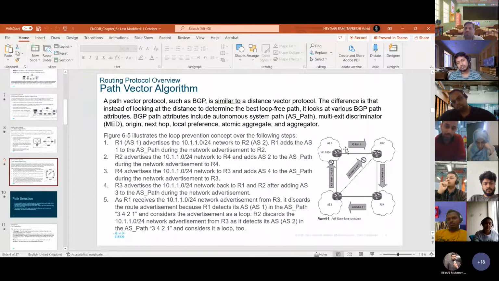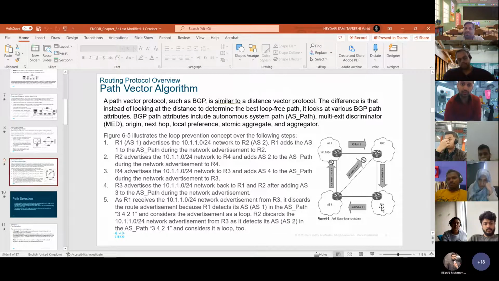Because we have traversed both ASs, we have also added both into this BGP update message. Next, the BGP update gets to AS4, R4. Now it needs to be sent to the neighboring BGP router, which is AS3 or R3. You see this one now was updated with 1, 2, and 4.